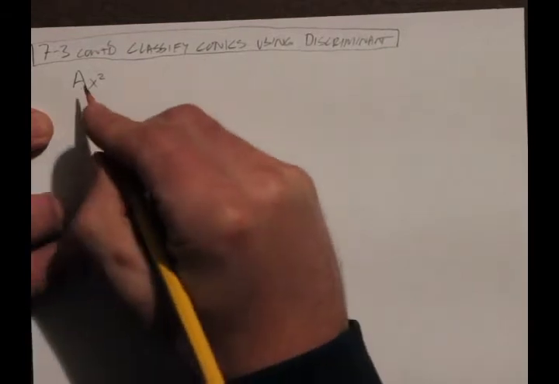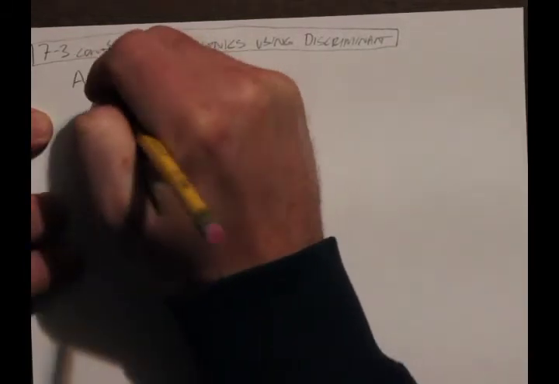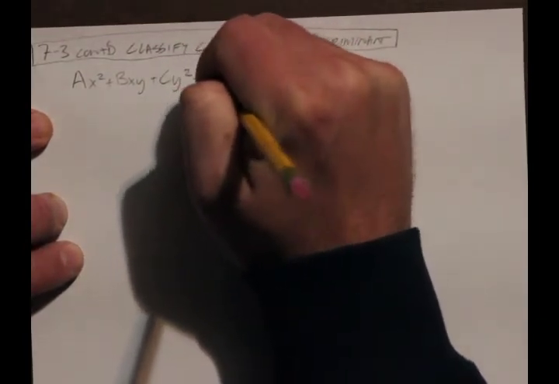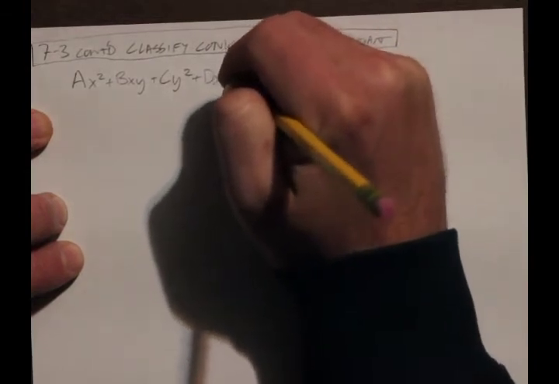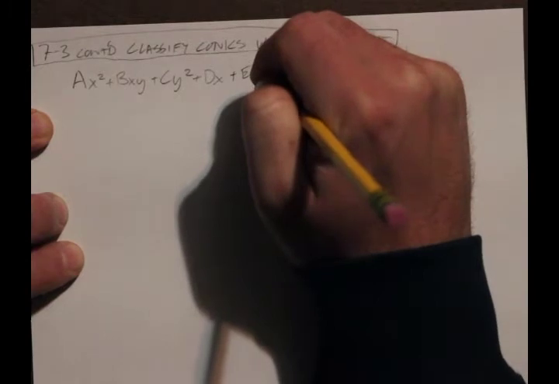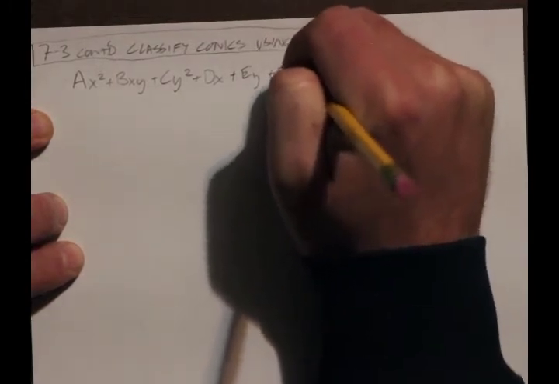Our conic standard form here is ax squared plus bxy plus cy squared plus dx plus ey plus f equals 0.